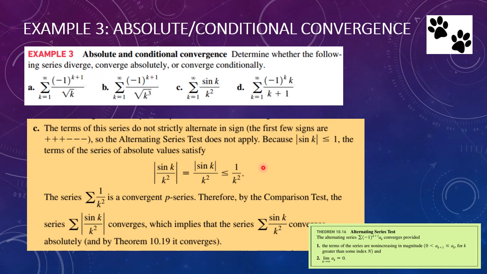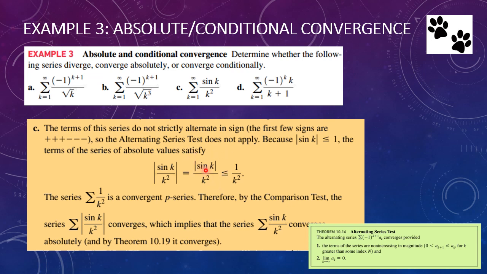Here we have part C, the sine of k over k squared. The terms of the series do not strictly alternate in sign. The first few signs are positive and then followed by negative, as we know that sine goes between 1 and -1. So the alternating series test does not apply. Because the absolute value of the sine of k is less than or equal to 1, the terms of the series of absolute values satisfy this. We know that k squared is positive, so we can take the absolute value out of there.